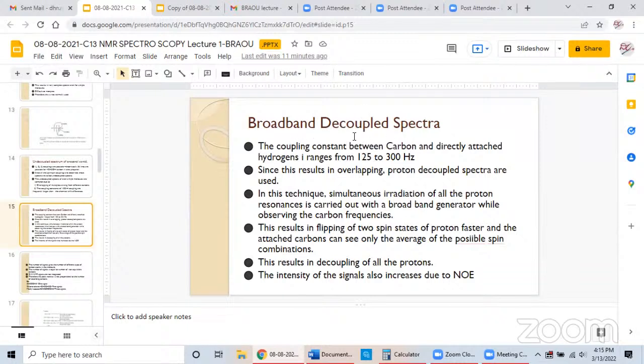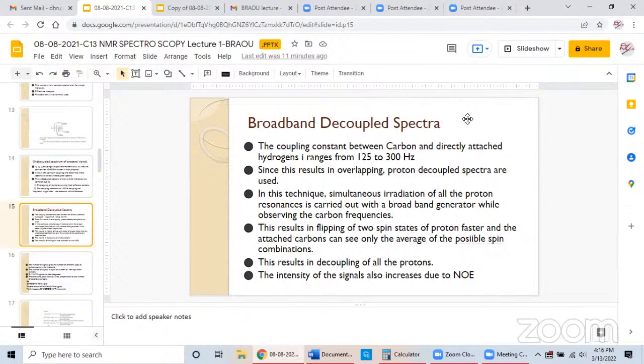Therefore, the nearby carbons will not be able to see the protons in different energy states, which is the basis of spin-spin coupling. Refer to your basic proton spin-spin coupling principle: the basis is that carbon can see protons in different energy states, both the lower and the higher energy state.